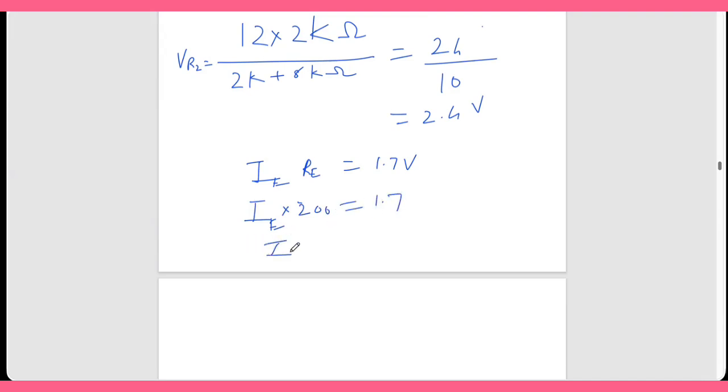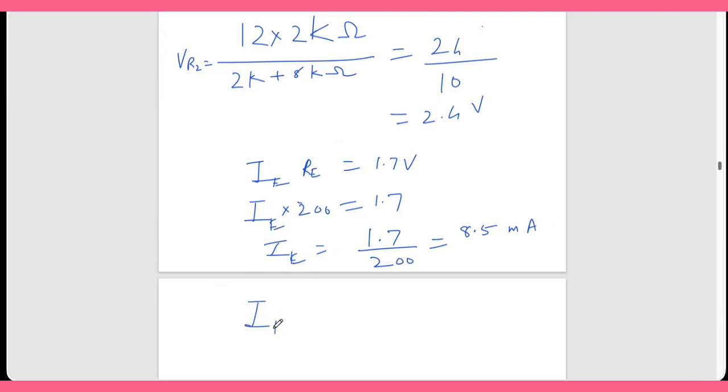So IE is 1.7 by 200, which is how much? 0.0085, sir. In terms of milliamps, you could divide 1.7 by 0.2, that is into 5, which means 8.5 milliamp. 8.5 milliamp is IE.